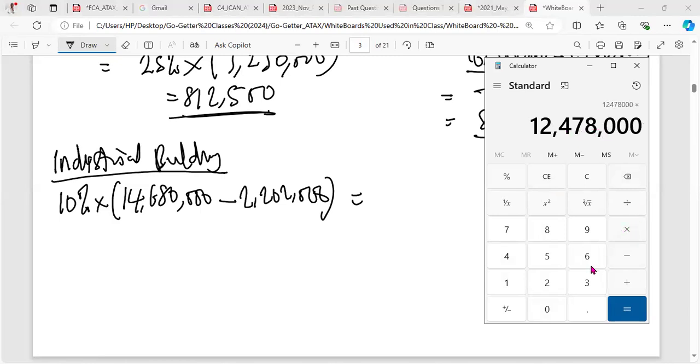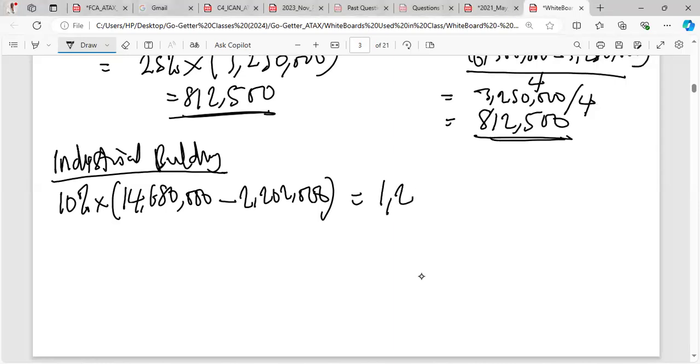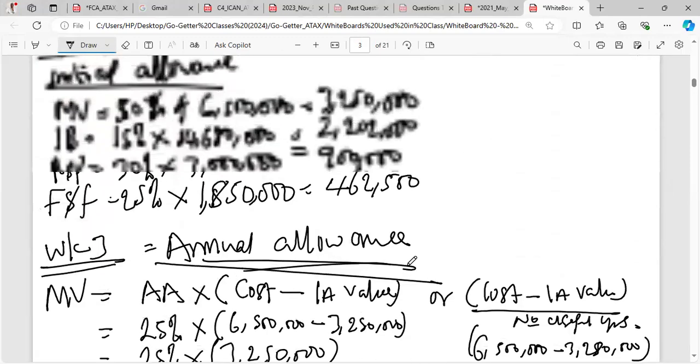Now, when I multiply it by 0.10, it gives me 1,247,800. So this is your annual allowance here. Take it up here.